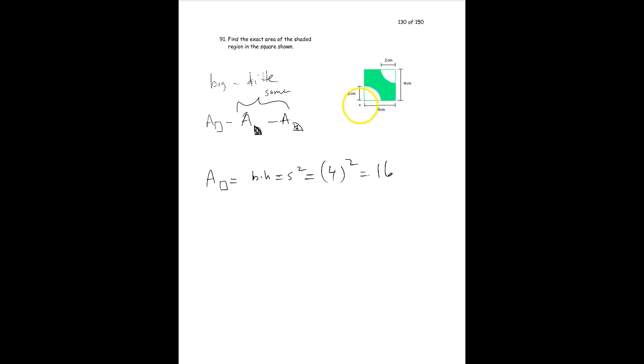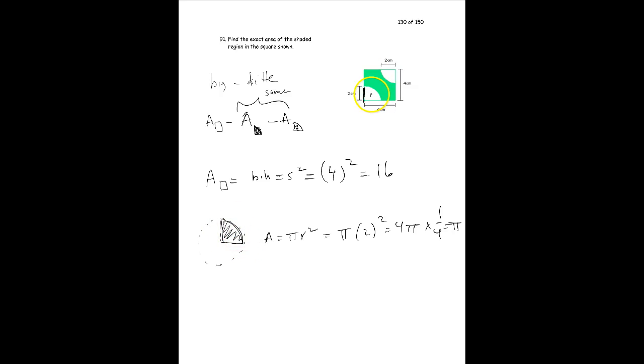The area of this quarter circle is, first of all, we can think of it as a full circle, and we're trying to find this area here. Well, the area of a full circle would be pi r squared, and we can see that the radius is given as 2, so the area of a full one would be pi times 2 squared, which is 4 pi, but to get a quarter of it we need to multiply this by 1/4 to get just pi.